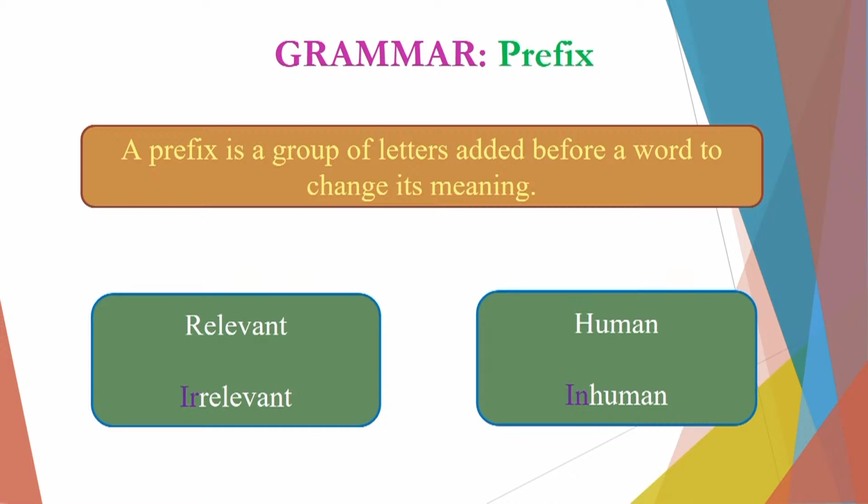So we are adding ir before the word relevant and the meaning changes. Similarly, human means something, and if we add in before the word human, it means something else: inhuman. So this is the prefix ir or in. These are groups of letters added before words to change the meaning of those particular words, right? This is the function of a prefix.